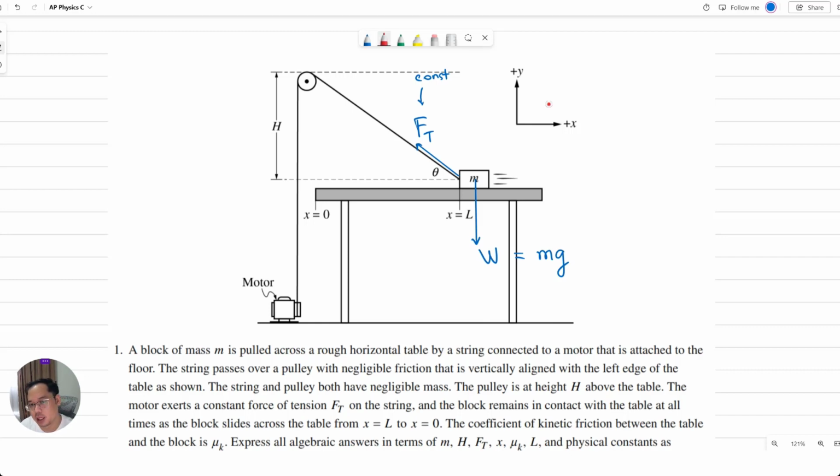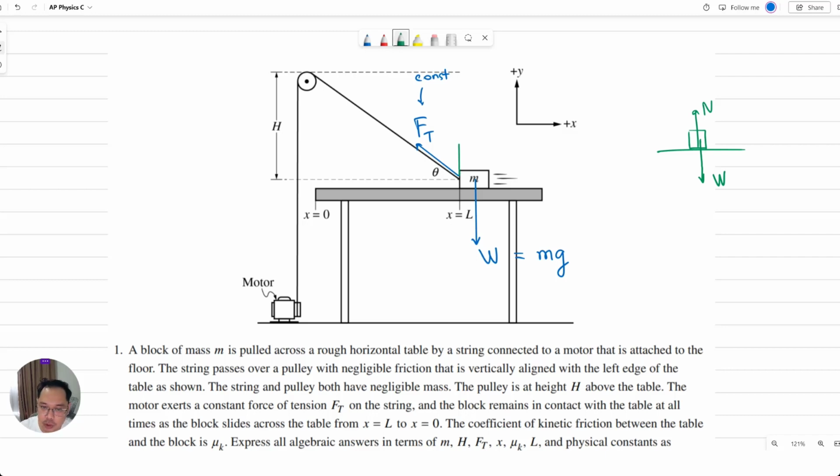Normally, if an object is on a horizontal surface with no other forces pulling it, the normal force is equal to the weight of the object, W. But in this case, the normal force is not equal to the weight, but less than that, because of the upward component of the tension.